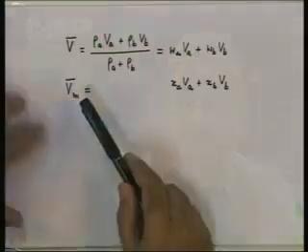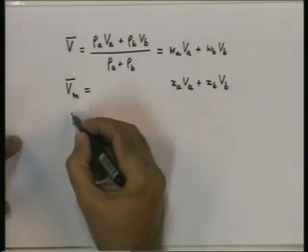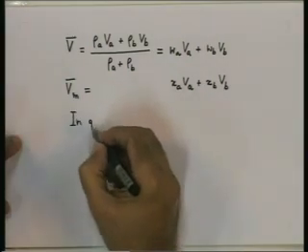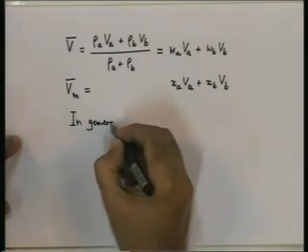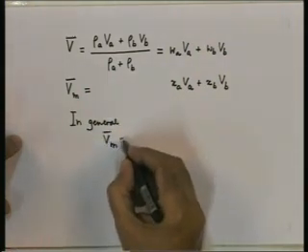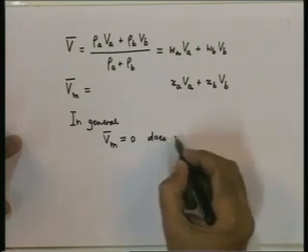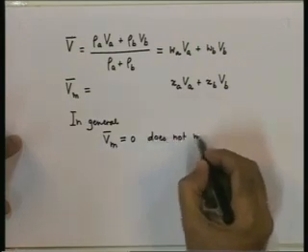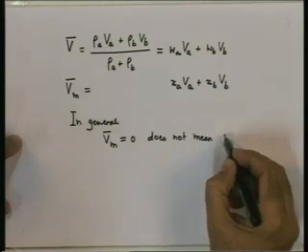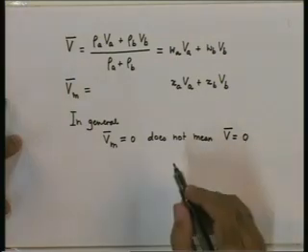So in general, these two average velocities will be different, and that also means that in general the case of Vm equal to 0 does not mean V bar equal to 0.